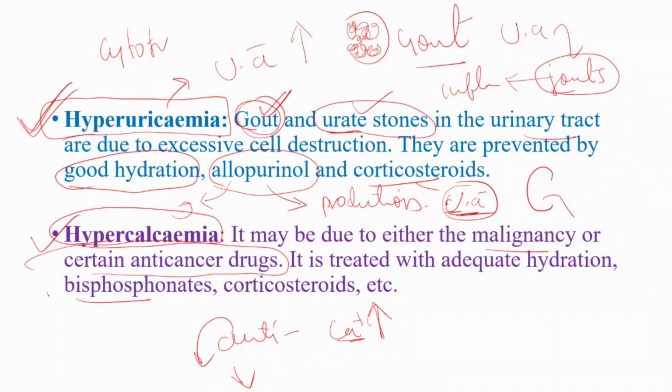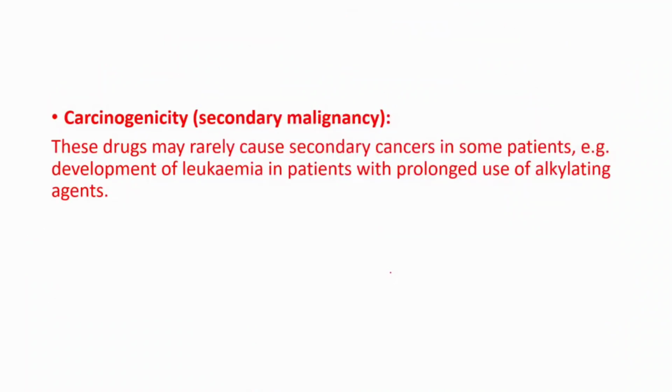So in this condition, bisphosphonates and corticosteroids are used. Due to elevated calcium levels in the body, it may cause calcification of certain tissues. A very, very dangerous condition. So hypercalcemia is also a dangerous adverse effect which should be treated in the patient.